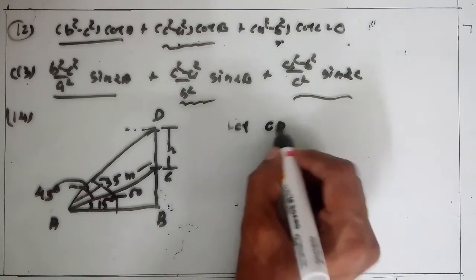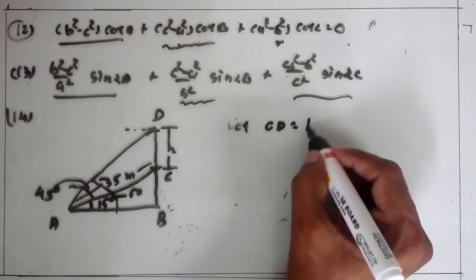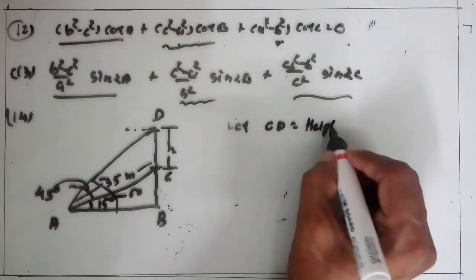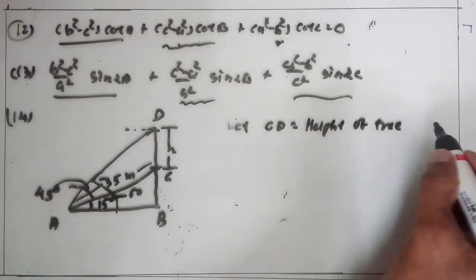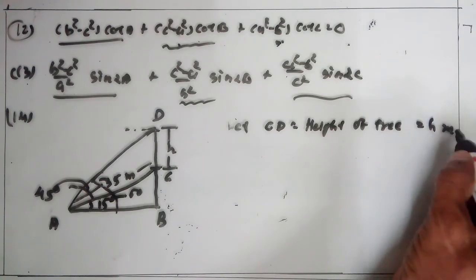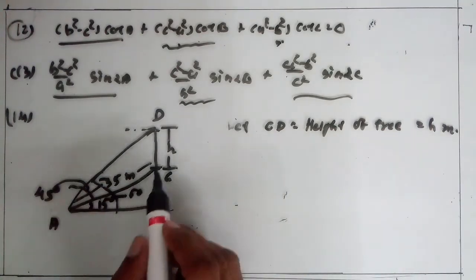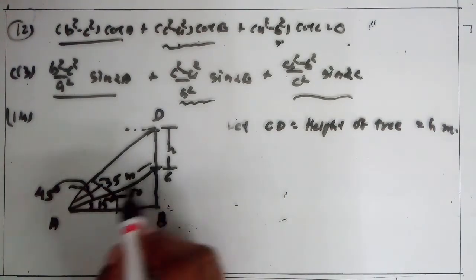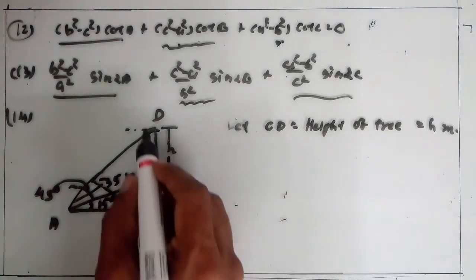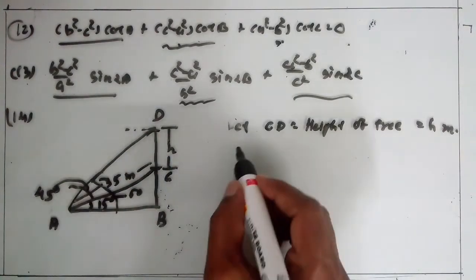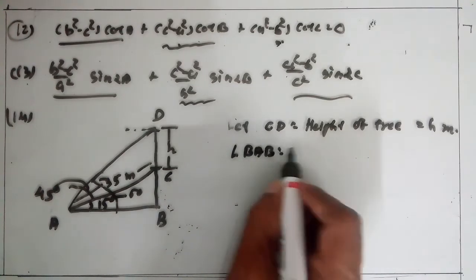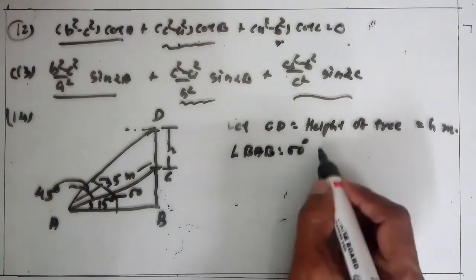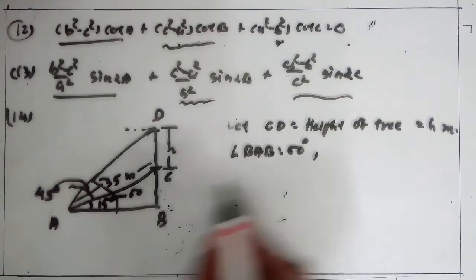So first suppose CD, the height of the tree, is equal to h meters. Angle DAB is equal to 60 degrees.